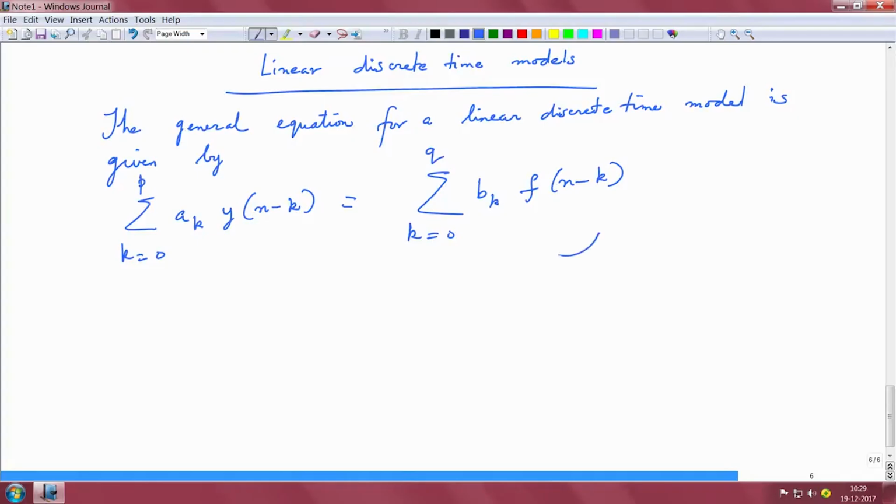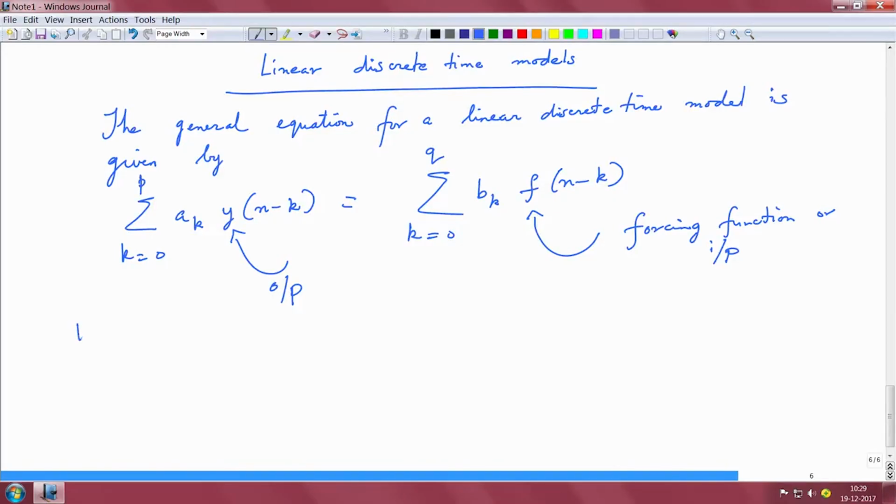So, this f is basically the input or the forcing function, and y is the output, which expresses itself with various delays.